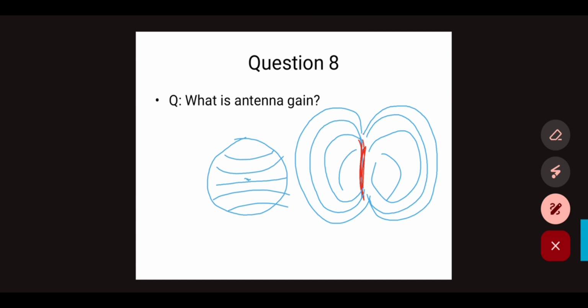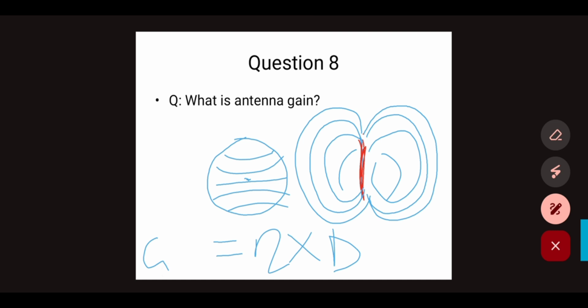Please view this as a 3D model. It is actually a donut-shaped radiation pattern. Now the thing is, we call antenna gain the efficiency times the directivity. This is the definition of antenna gain, with respect to this isotropic antenna.